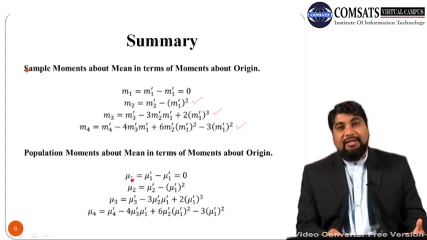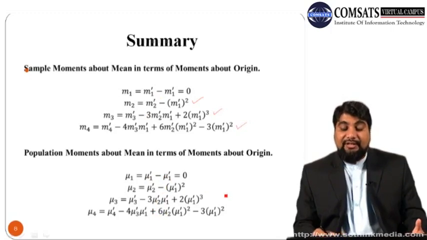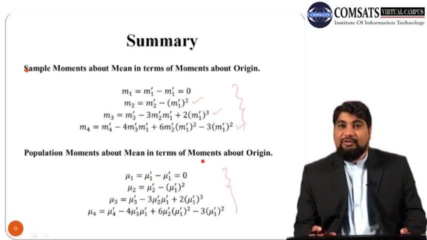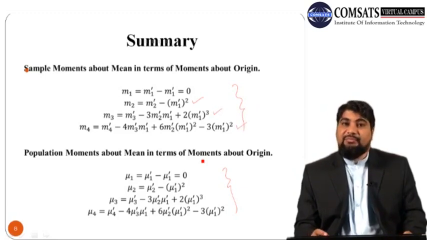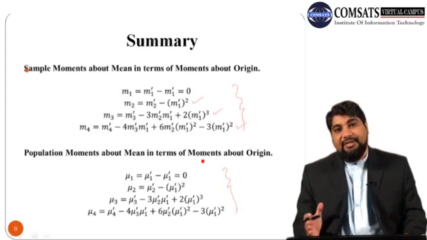Instead of m1, m2, we will write mu1, mu2, mu3, mu4, and instead of m1', we will write mu1', mu2', mu3', and the rest of the formulas are exactly the same. So there is only a notational difference. For sample moments we use m, for population moments we use mu. Using these formulas we can calculate moments about mean from the moments about origin.